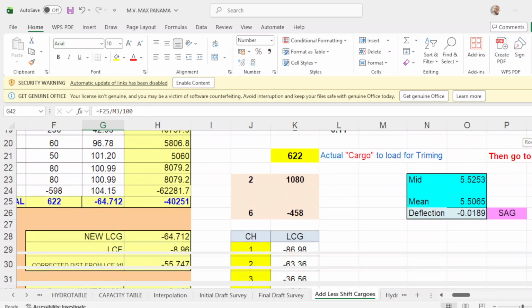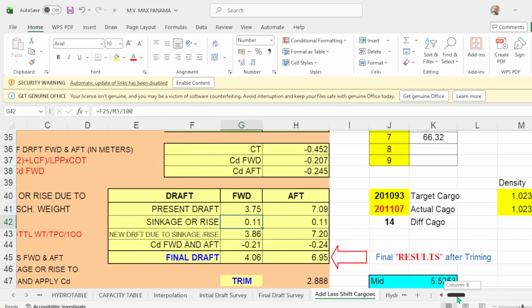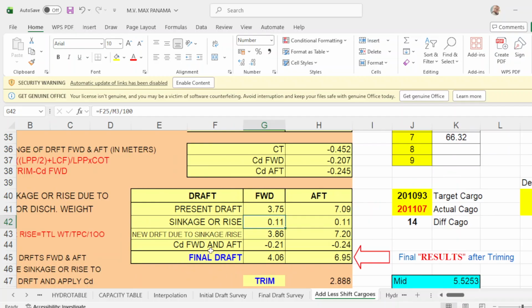Then you will have your sinkage is 0.11. Put in also sinkage 0.11. You add this one. Then you apply your change of draft forward and aft. So you apply your change of draft forward and aft, which is this forward is 2.07.